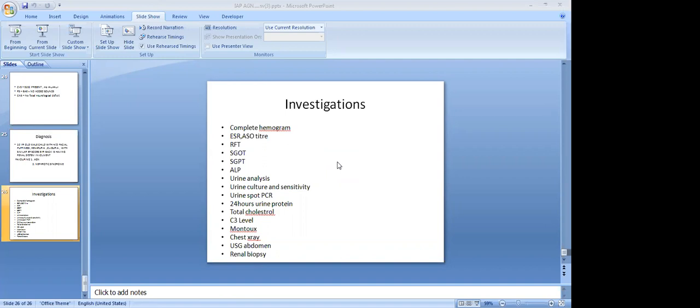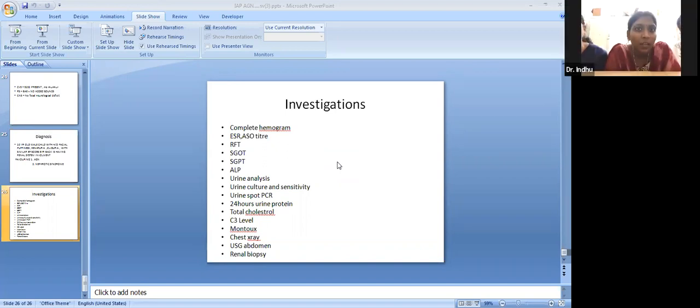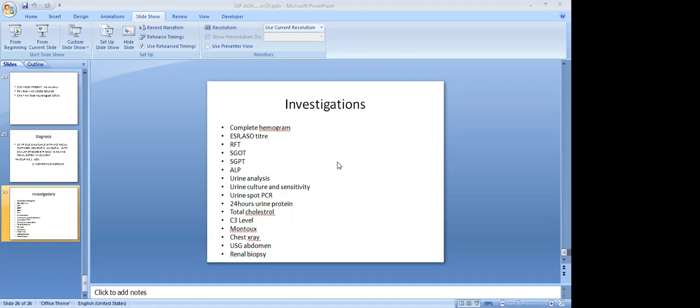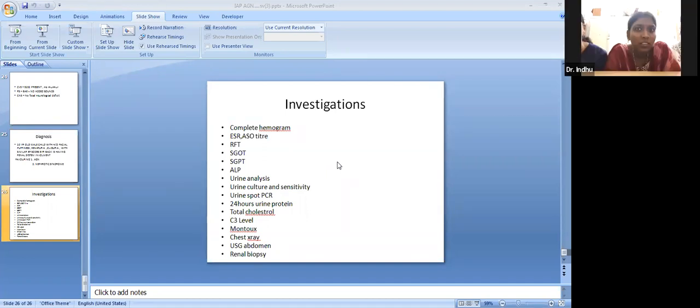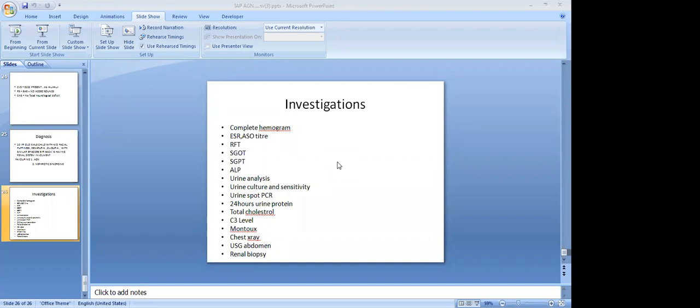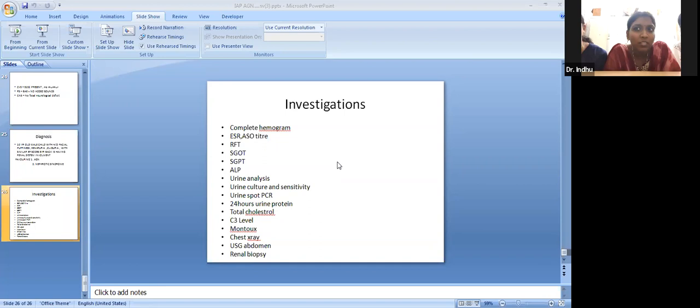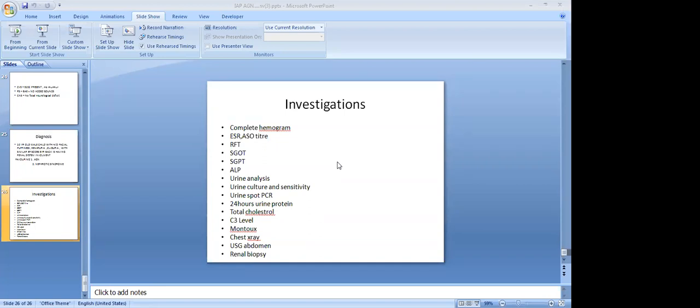So you didn't tell us, are you going to do eye evaluation in this child? Yes, sir. What will you look for? Cataract. Glaucoma. Why glaucoma? Why cataract? You have not even started steroids, no?